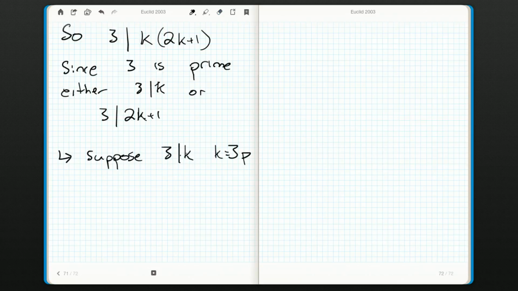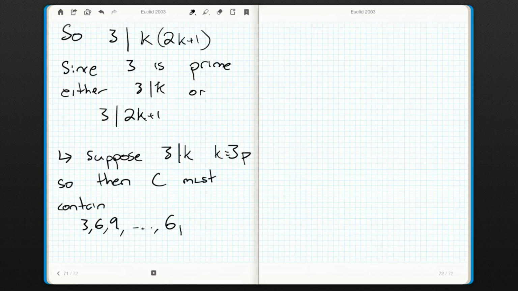I should have used p, but whatever. So then c must contain 3, 6, 9, all the way up to 6p, which is the same as n.